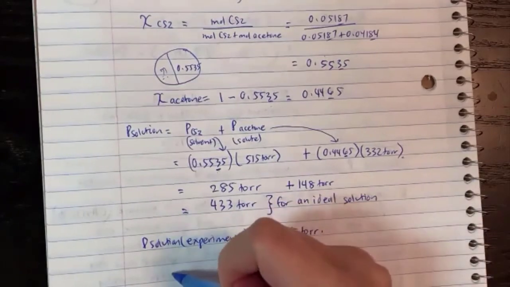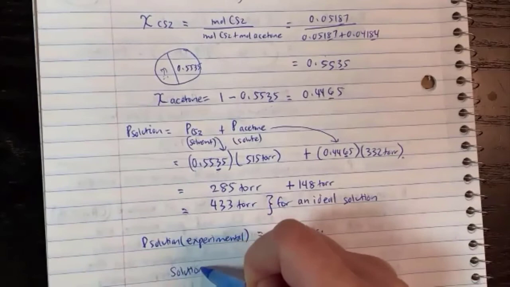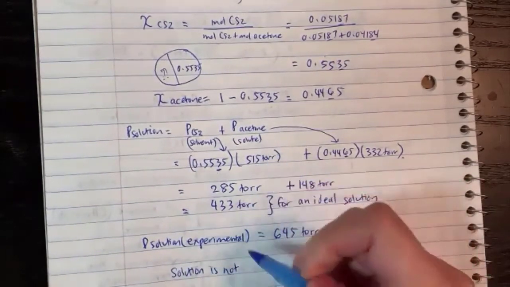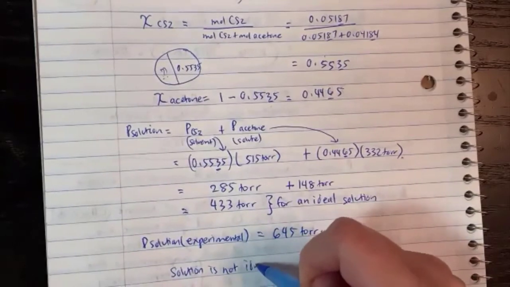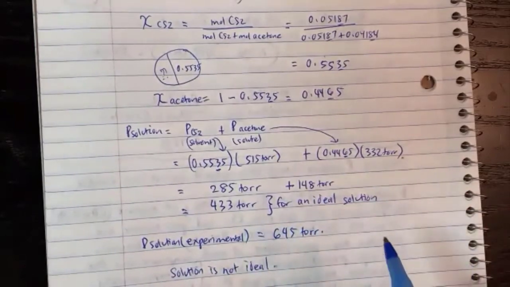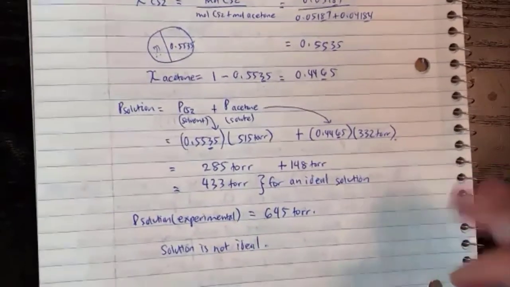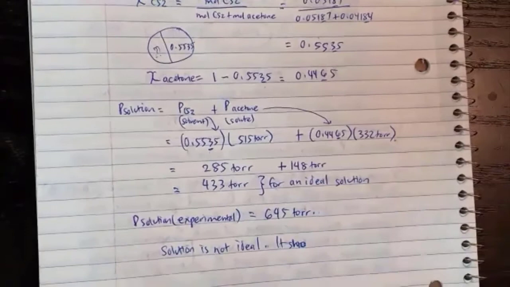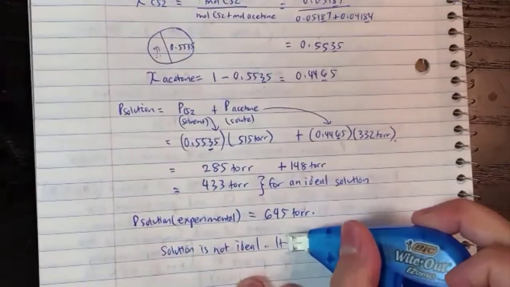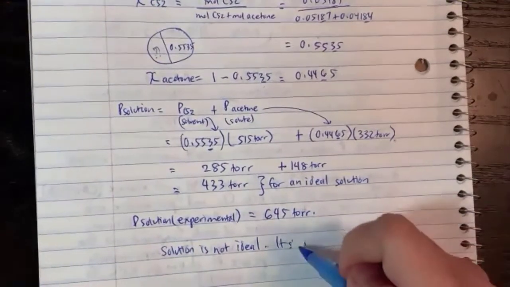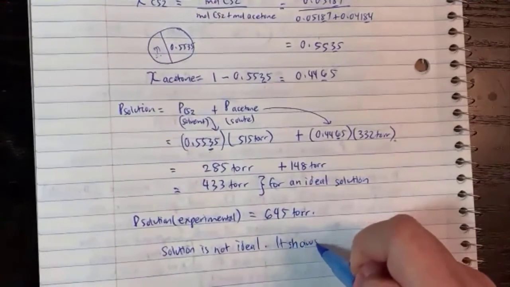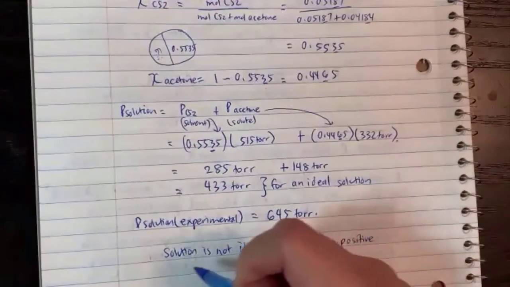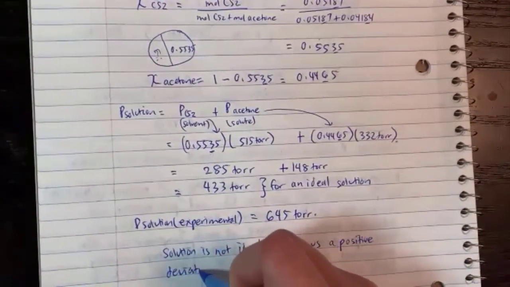Okay, so let's go ahead and write it down. And I want to explain to you how it's not ideal, just kind of looking at the observations. Not ideal. It shows a positive deviation. It's bigger, right? I can't spell. Deviation.